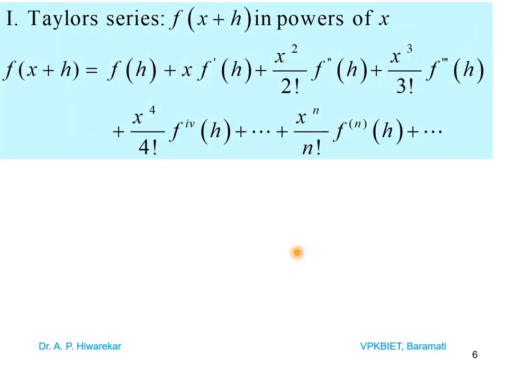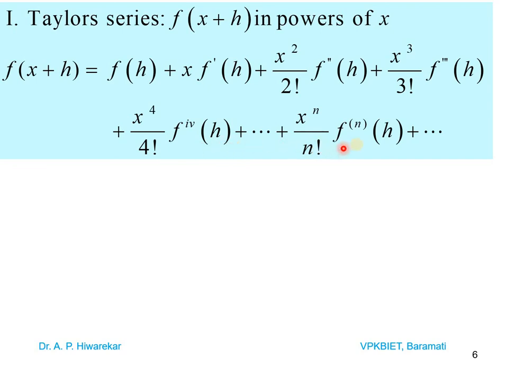Then Taylor series: if the function is continuously differentiable and the derivatives at h exist, all derivatives exist, then we have f of x plus h is equal to f of h plus x into f dash of h plus x square divided by 2 into f double dash of h plus x cube by 3 factorial into f triple dash of h plus x to the power 4 by 4 factorial into f4 dash at h, and so on.